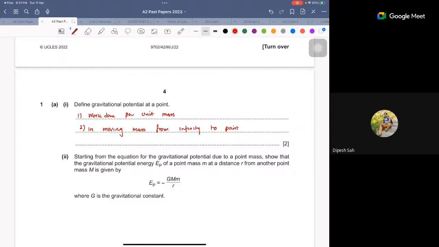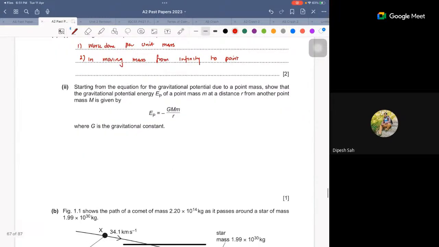Okay. So, work done per unit mass in moving mass from infinity to this point. This is like 2 marks. And now it says you need to show that this is gravitational potential energy. Gravitational potential is work done per unit mass.